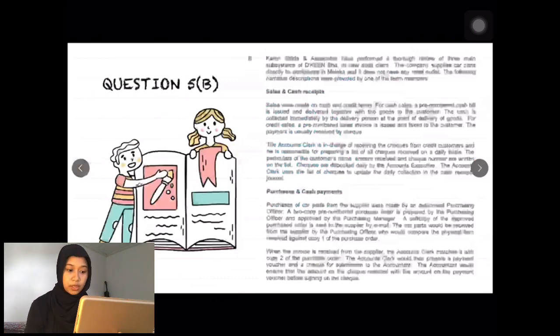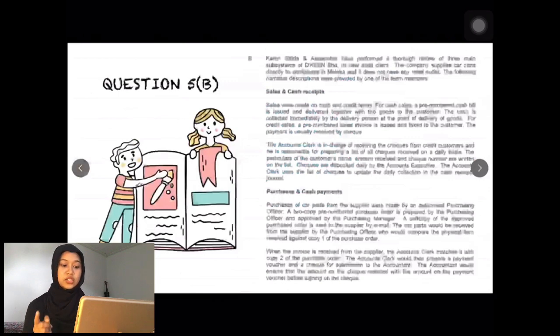So sales were made on cash and credit terms. For cash sales, a pre-numbered cash bill is issued and delivered together with the goods to the customer. The cash is collected immediately by the delivery person at the point of delivery of goods. For credit sales, a pre-numbered sales invoice is issued and faxed to the customer. The payment is usually received by check.